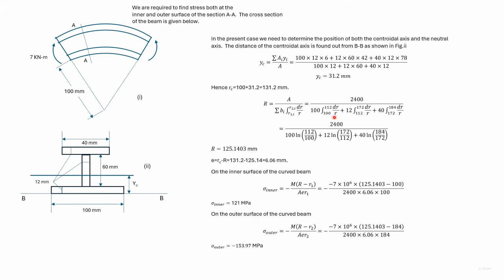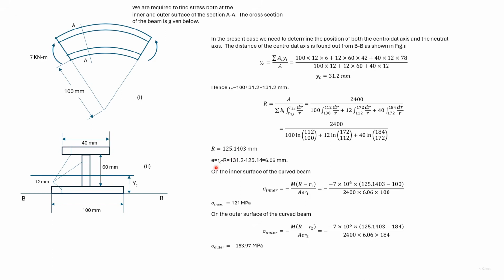Integrate and then use the limits as shown. For the second term, we use the width of the web. We integrate and use the limits as shown. For the third term, we use the width of the top flange and integrate and use the limits as shown. So we have obtained capital R.